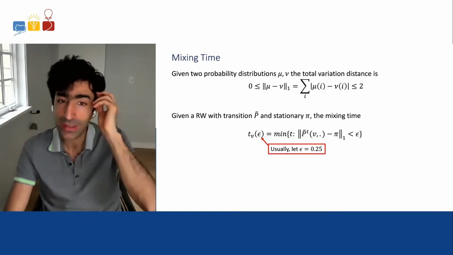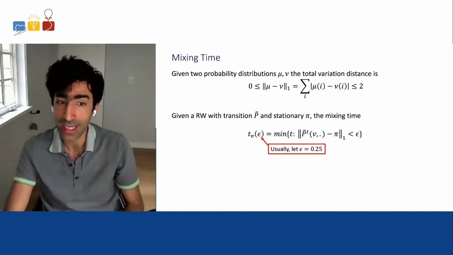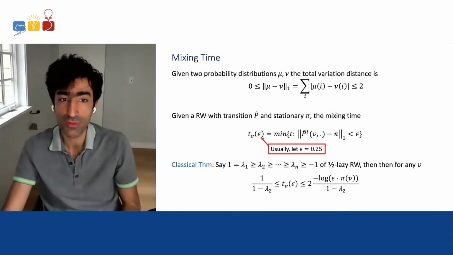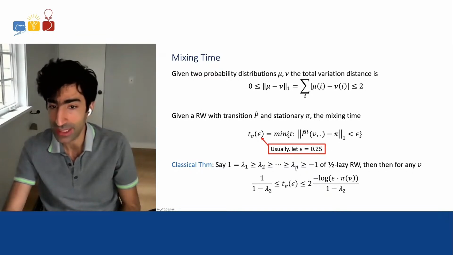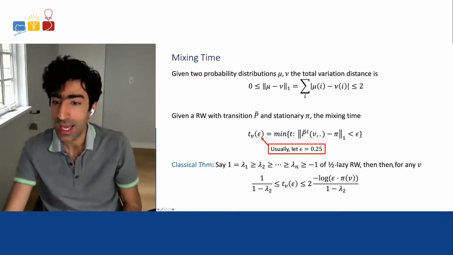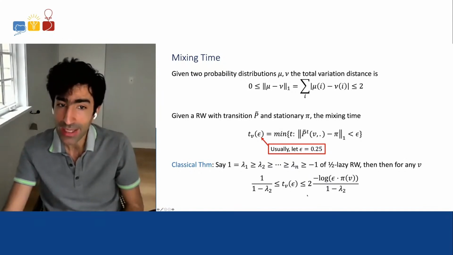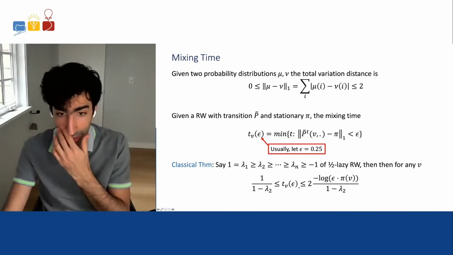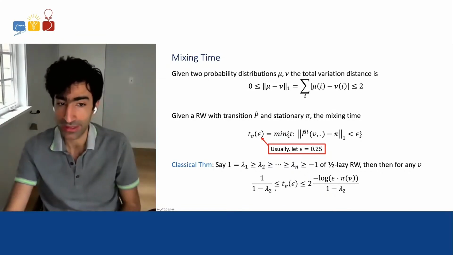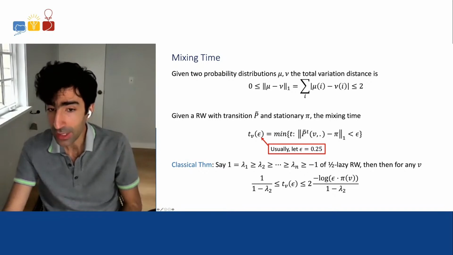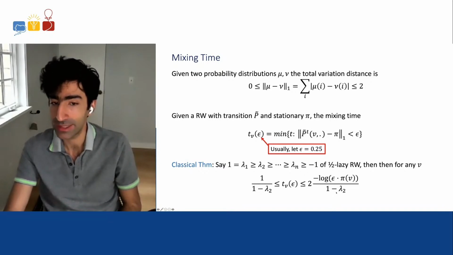Now, the question is, what can we say about the mixing time of a random walk? Here is a classical theorem in this field. Let's look at the eigenvalues of this transition probability matrix P tilde. Let's say these are the eigenvalues, lambda 1, lambda 2, etc. And say you start your random walk from vertex V. Then you can prove that the mixing time is sandwiched between two quantities: at least 1 over 1 minus lambda 2, and at most log of 1 over epsilon pi(V), over 1 minus lambda 2.